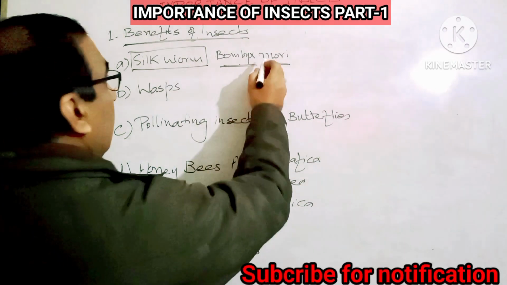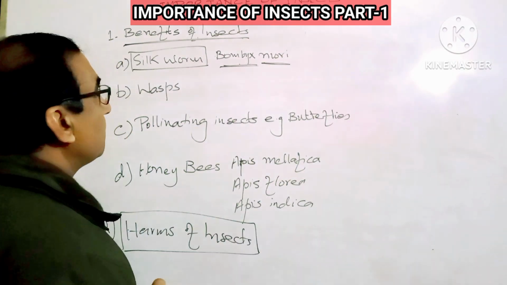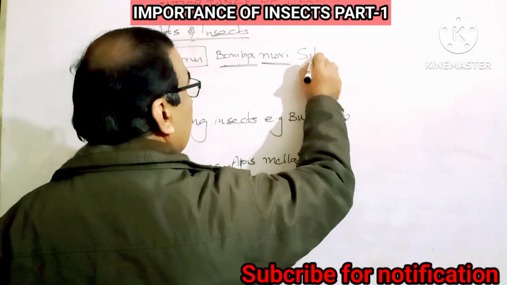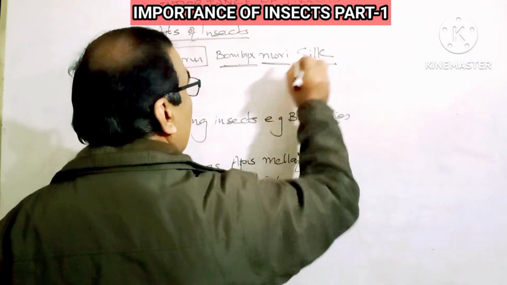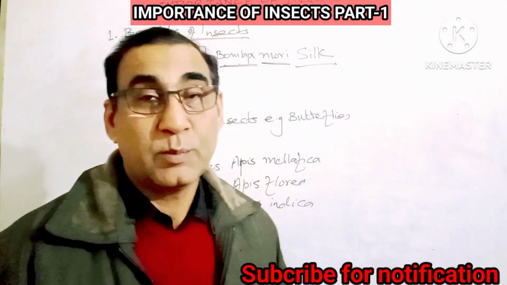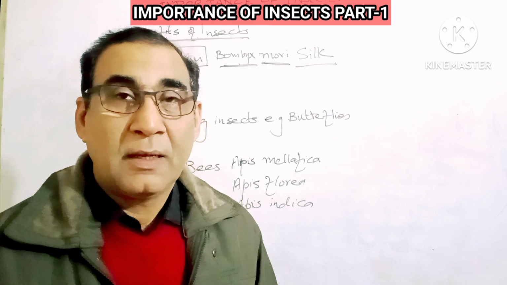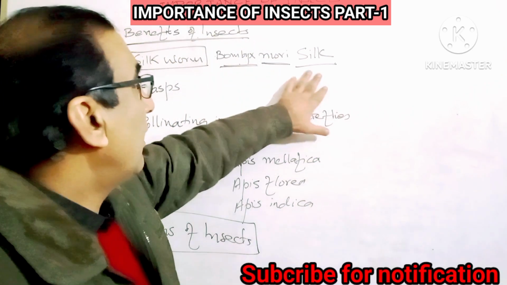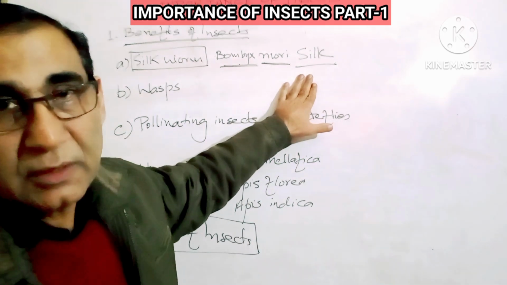It produces silk. Silk is a protein, and that protein is very important. It is a fibrous protein.